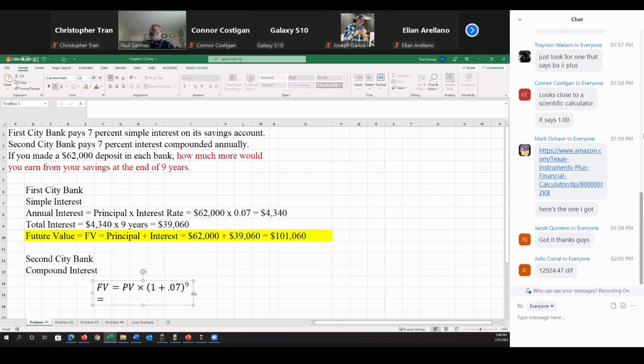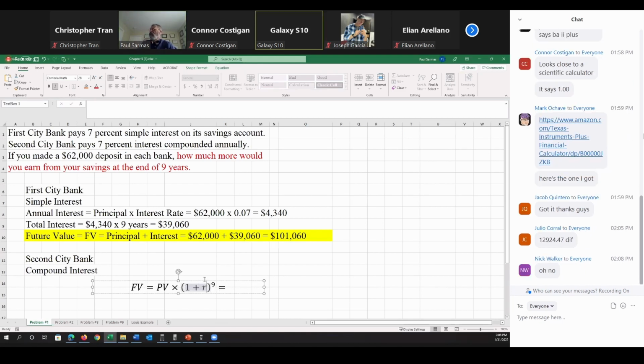Hopefully you can see it here. Let me change this, sorry. Let me change this and then I put the original formula here.